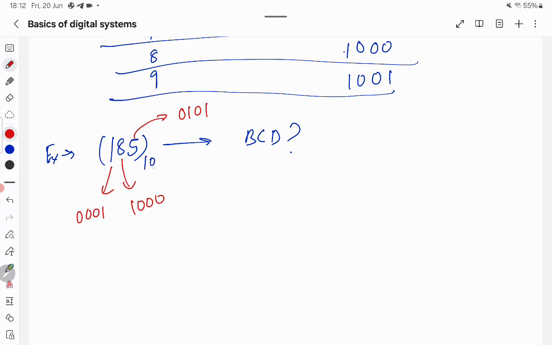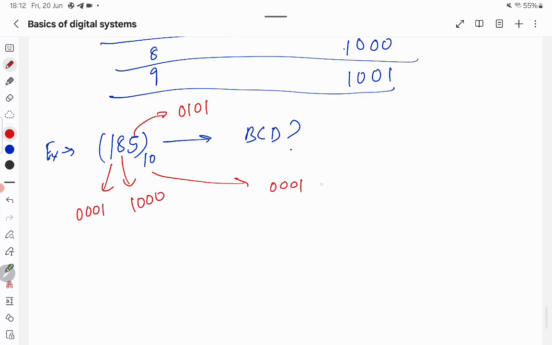So you will write this as 0 0 0 1, then 1 0 0 0, then 0 1 0 1. You will write it as BCD. Basically BCD is represented in 4 digits. So how to write it in binary? Very simple, you have to join everything.